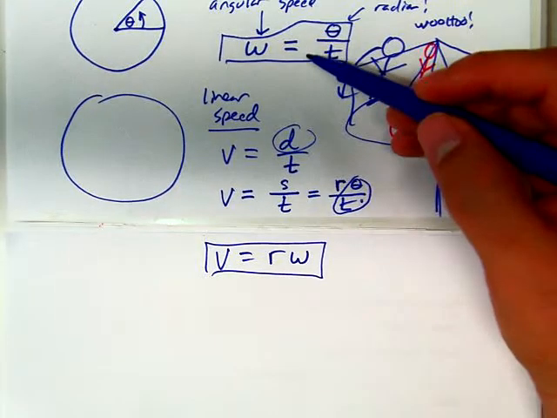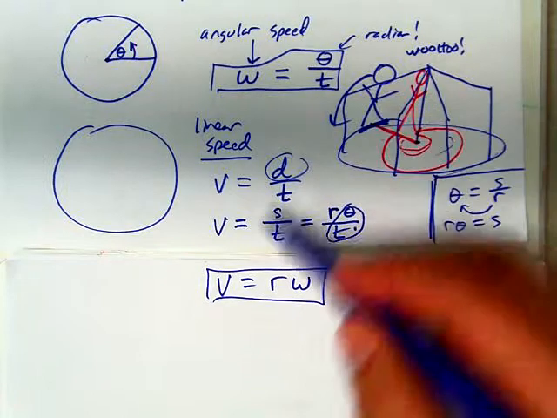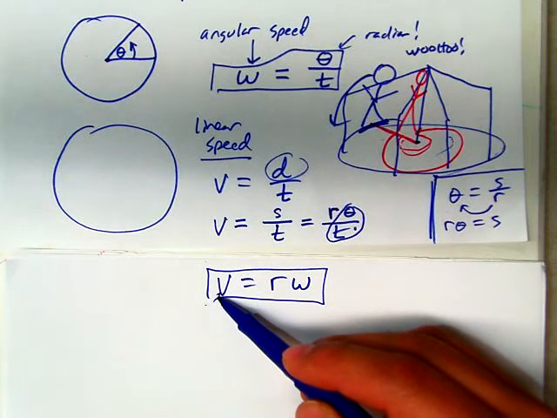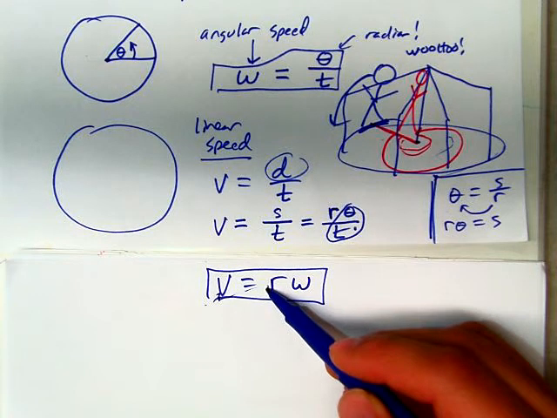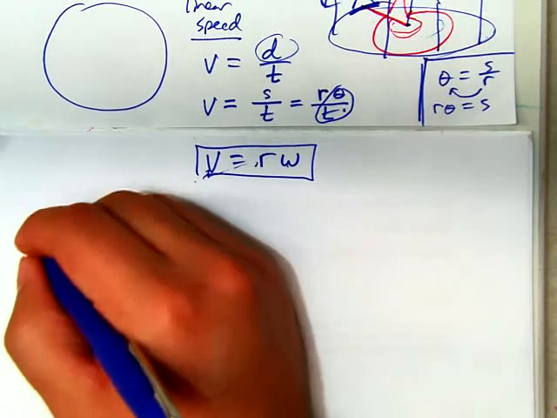So here are the two formulas for speeds. Angular speed is just the angle divided by time, and then linear speed we call v, and that's just the radius times the angular speed. Okay? So here's an example.